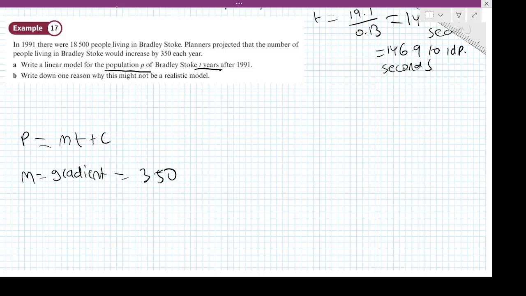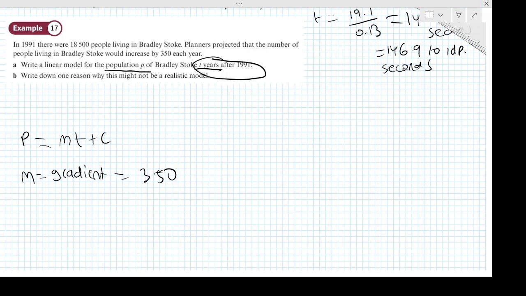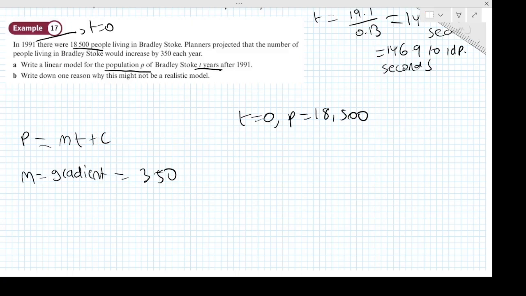In 1991, there were 18,500 people living in Bradley Stoke. Well, that's the initial value, right? Because remember, T is the years after 1991. If it's 1991, that's when T is equal to 0, because that's the start we're looking at. So that means when T is 0, the population is 18,500.